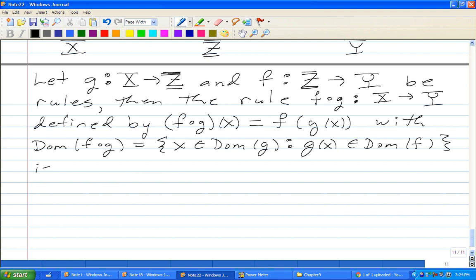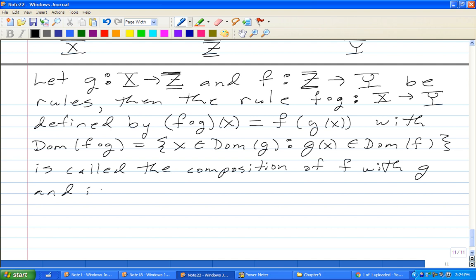This is called the composition of f with g and is read f of g.